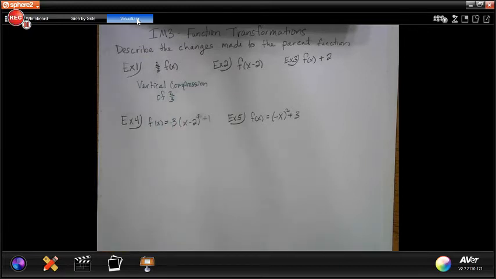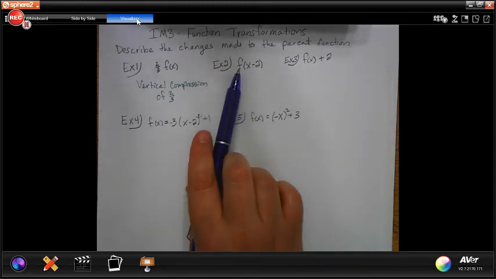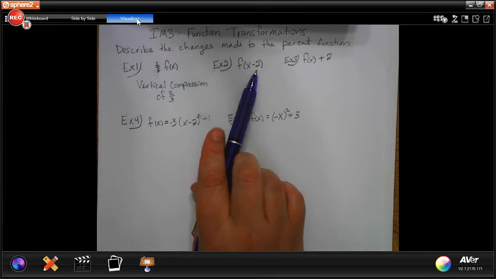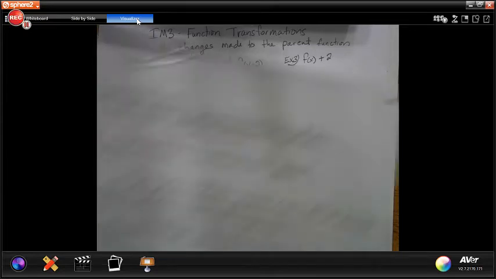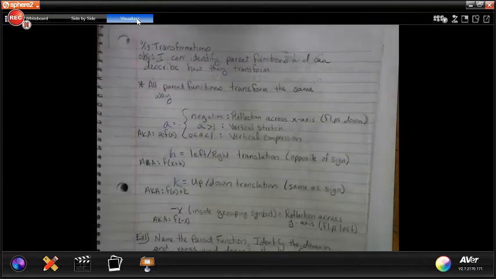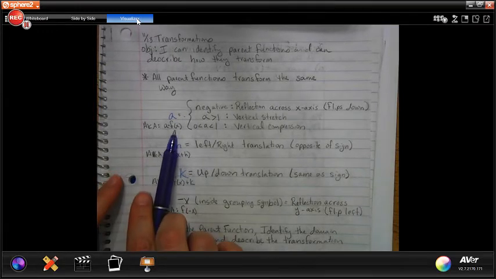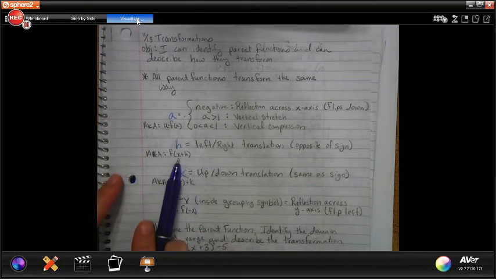Okay, example 2, we have this picture right here. So it's f of x minus 2, x minus 2 being in the parentheses. So we just need to see what that 2 represents, because f of x is the parent function. Okay, well, that doesn't have anything in the parentheses with x. That one does.